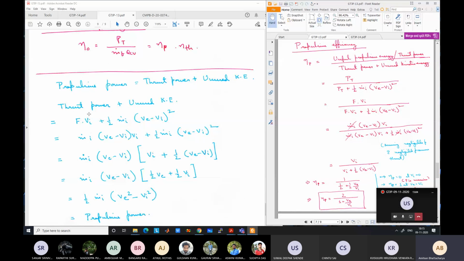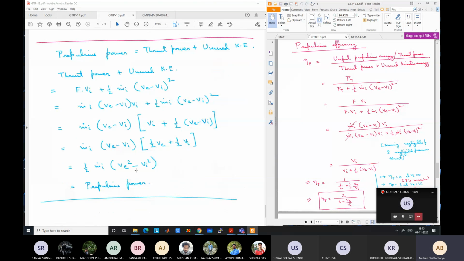So this plus half m dot I (V minus Vi) whole squared. Okay. So if you take m dot I (V minus Vi) common, you are left with Vi plus half (V minus Vi), which is equal to half V plus half Vi. If you add these two terms, ultimately you get half m dot I (V squared minus Vi squared).